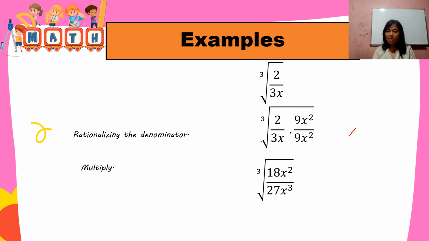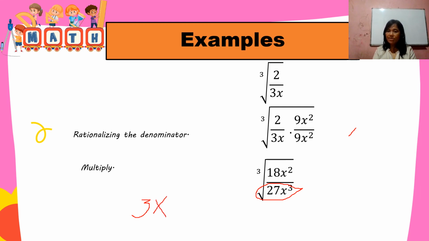Ngayon, etong 27, wait lang, etong denominator natin na 27x cubed, perfect na ngayon. So, ano ba yung cube root ng 27? 3. Okay, so, it's 3. Eto naman, sa x naman, copy mo lang muna yung x.